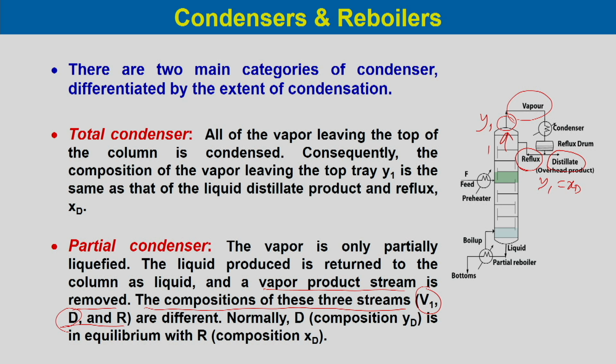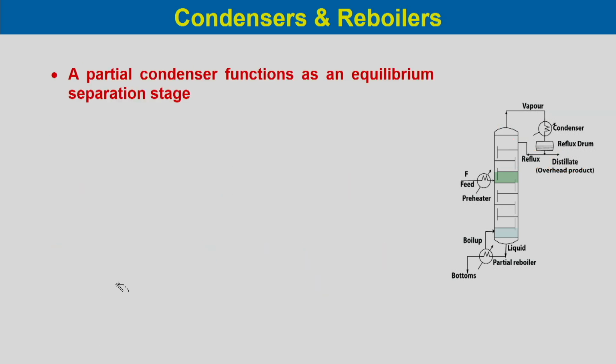So, you are taking the vapor product as YD, and the reflux you are giving as a liquid has composition XD. So, they are in equilibrium composition. So, a partial condenser functions as an equilibrium separation stage.